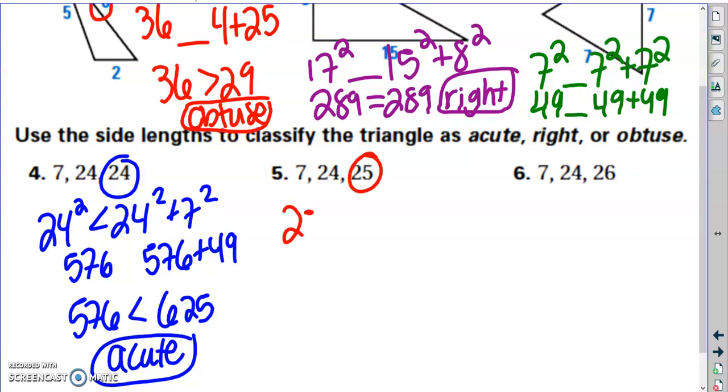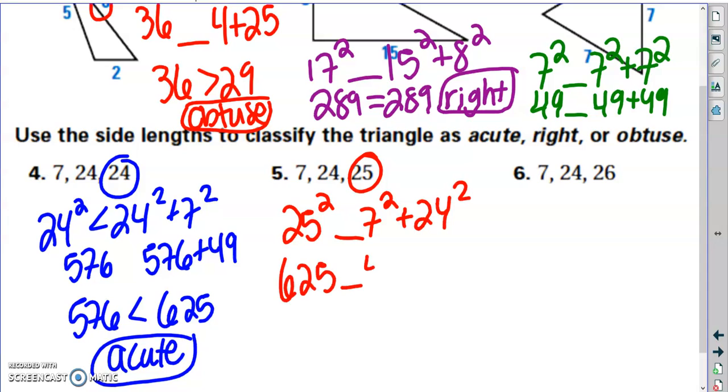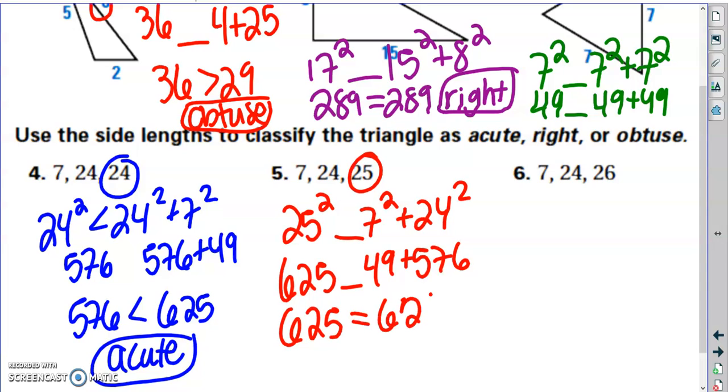25 is my longest side here, so 25 squared is what to 7 squared plus 24 squared? So 625 is what to 49 plus 576? 625 is equal to 625, which makes it a right triangle.